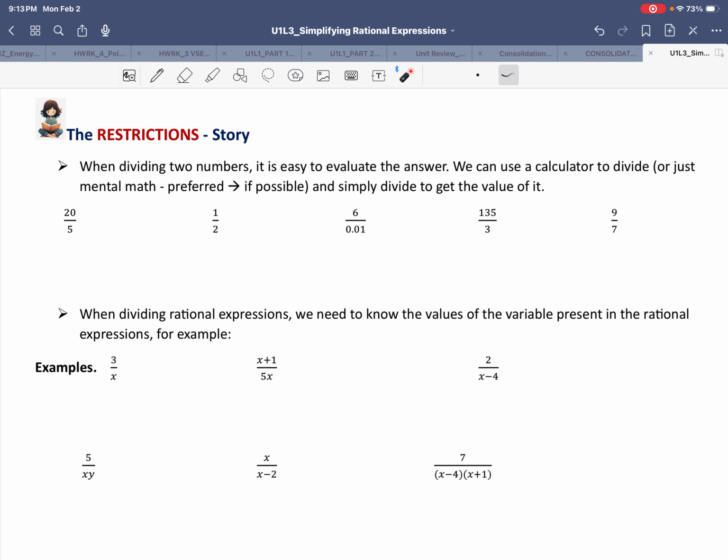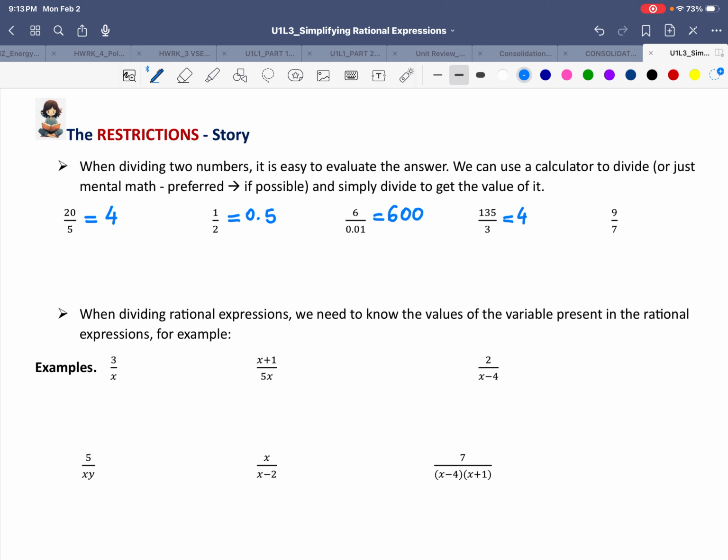So here is the restriction story. When we divide two numbers, it's easy to evaluate the answer because we can use a calculator, or we can just do it mentally if it is something simple. We simply divide to get the value. So 20 divided by 5, I know you're thinking that's a 4. 1 divided by 2, that's a 0.5. 6 divided by 0.01, that would be 600. 135 divided by 3, I have to think a little bit about this.